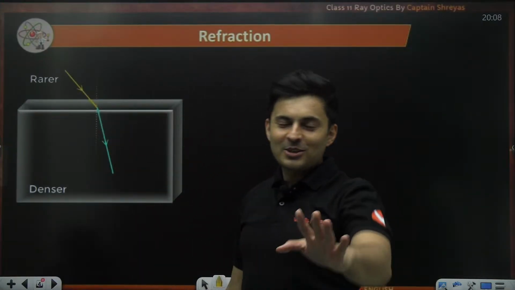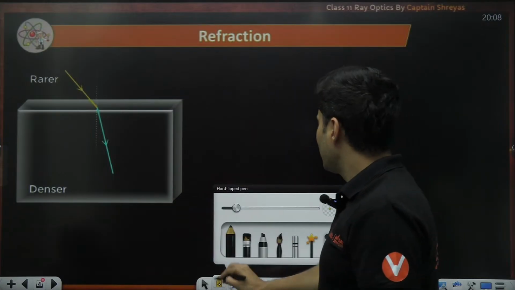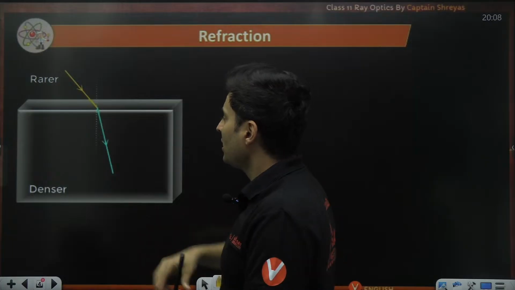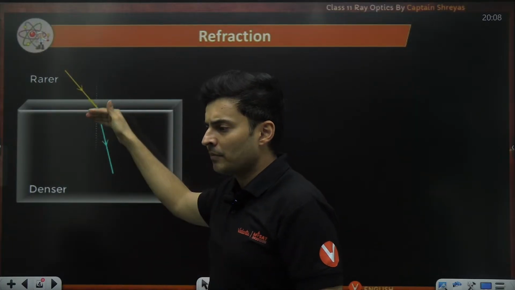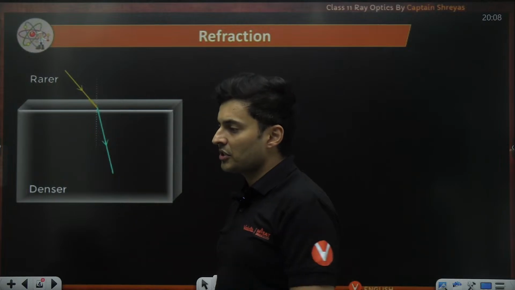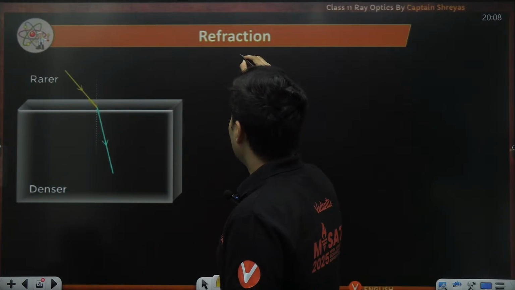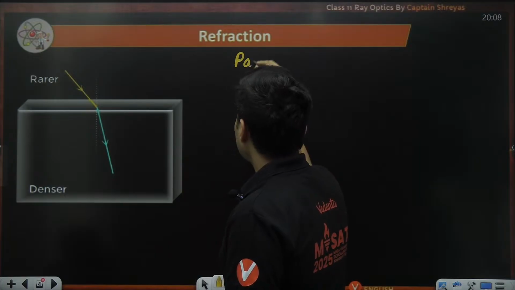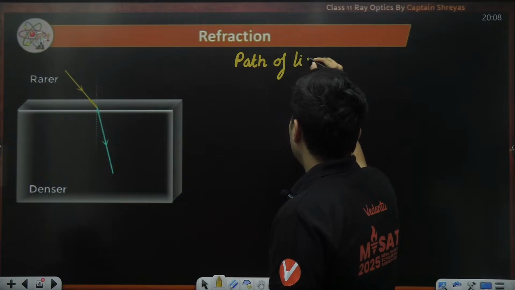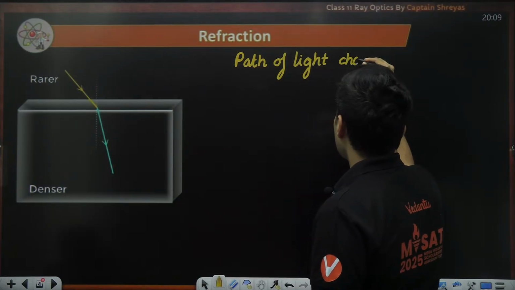Okay. So let's start with the concept of refraction. Refraction means whenever there is a medium change and the light is changing that medium, then you will see the speed of the light will change and the direction will also change. So in case of refraction, the path of the light changes direction.